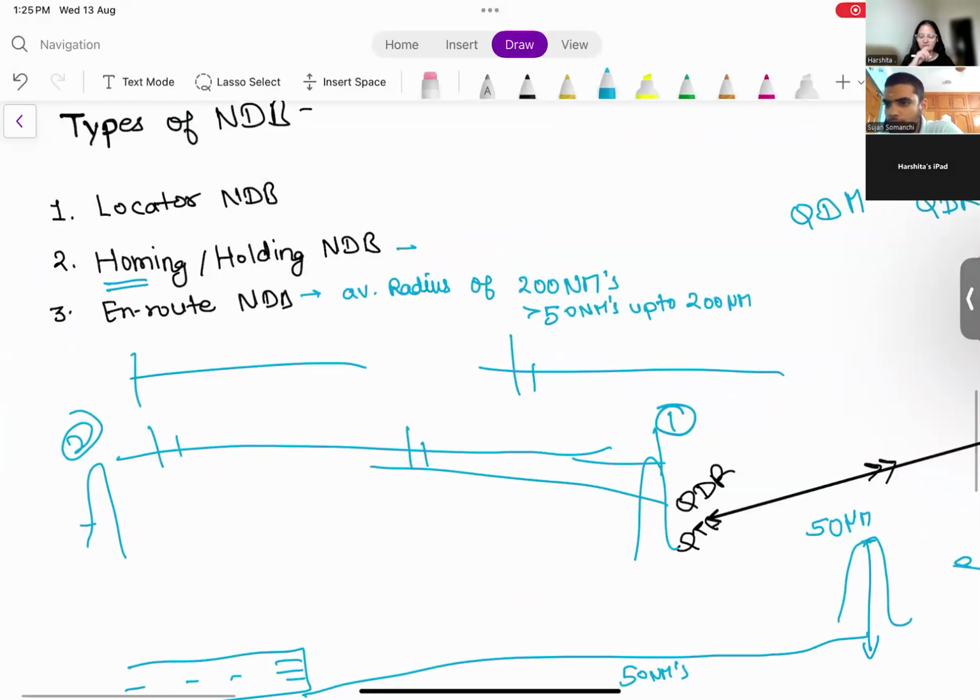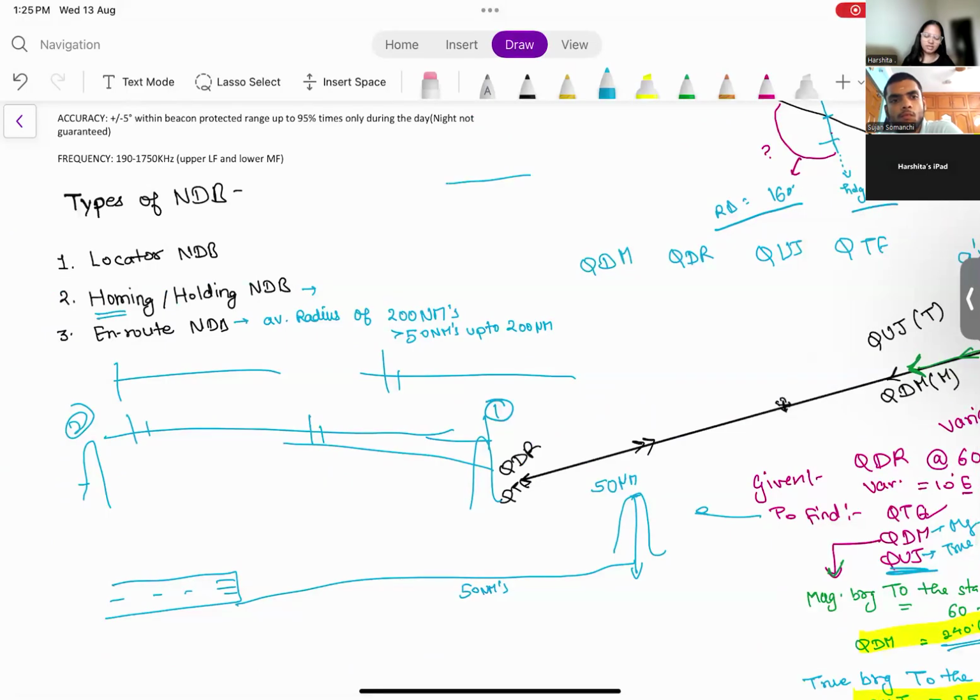So homing or holding. What does holding mean? Do you know what is hold? Any idea about what is hold? Hold is basically a pattern which you make in air. If there is any traffic, the ATC asks you to make this pattern, a hold.